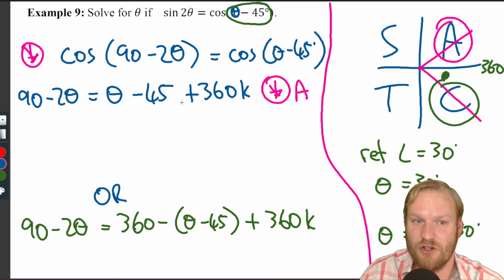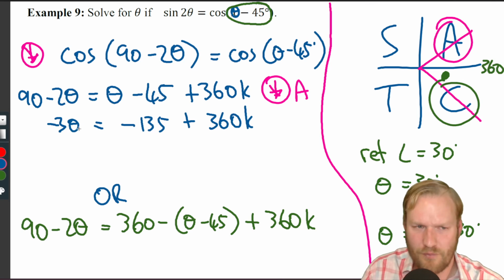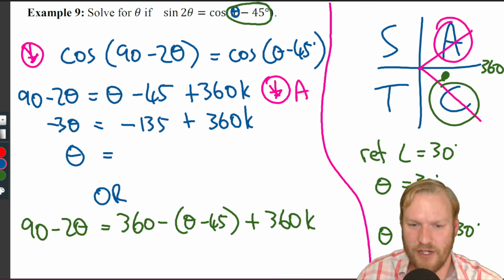And now we just solve our little equation. So we've got minus 2 theta. I'm going to subtract theta from both sides, and subtract 90 from both sides. So I've got minus 3 theta equals minus 45 minus 90, which is minus 135, and I've still got my 360k. I want theta, so I'm going to divide everything by negative 3.